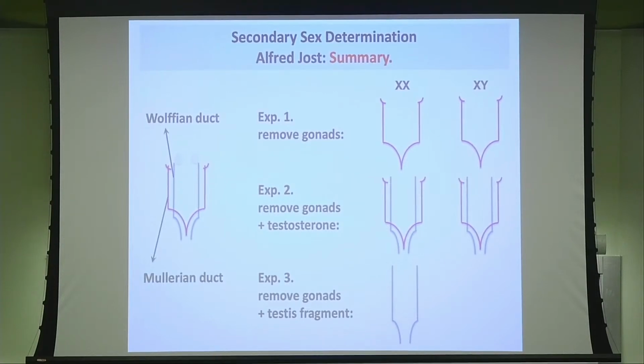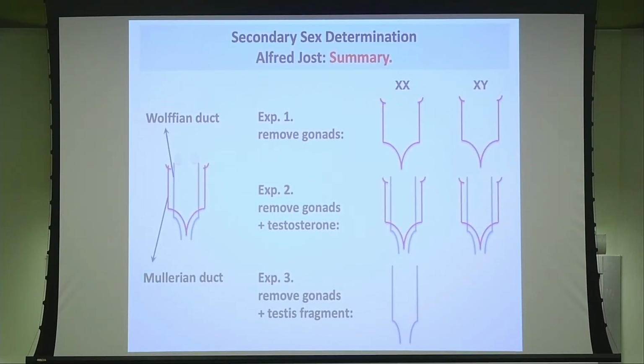This is what happened. Okay, so if you look at this one, now we have gonad removed, and we put a piece of testis back, and the only thing that develops is the male internal reproductive tract. What did we need for the male internal reproductive tract? What was the thing that we needed?